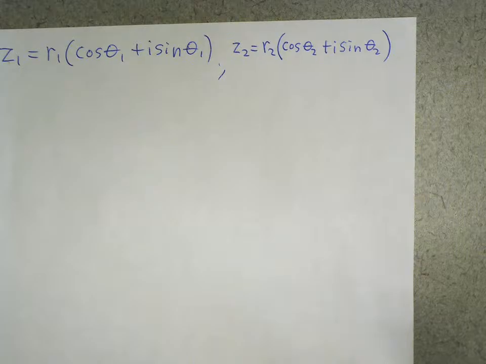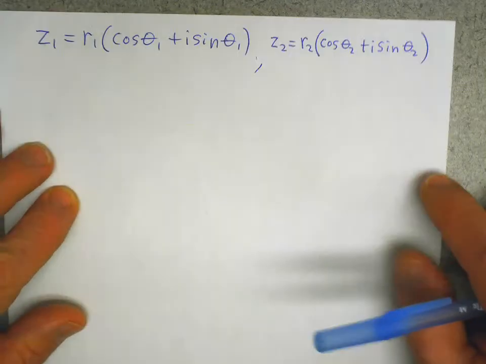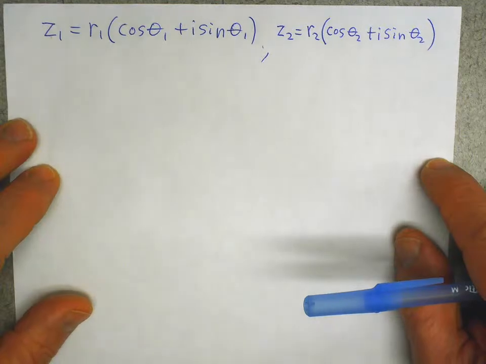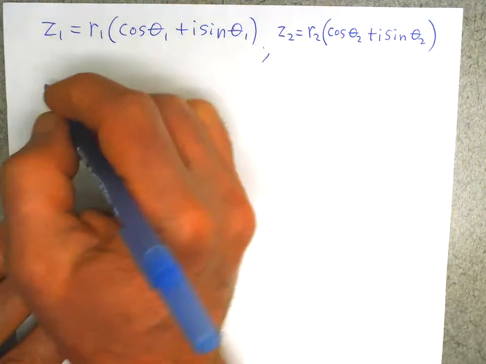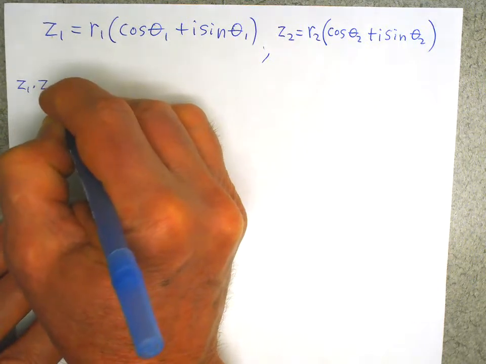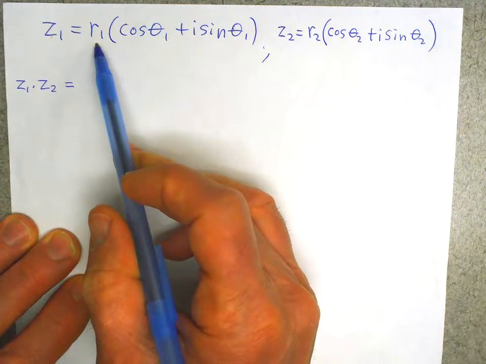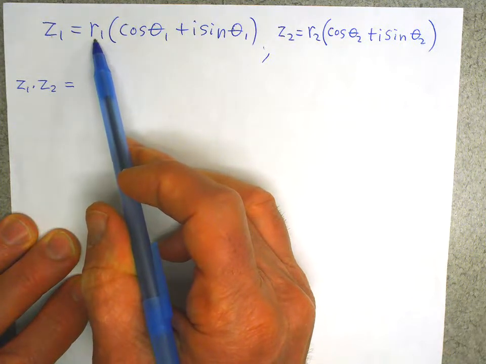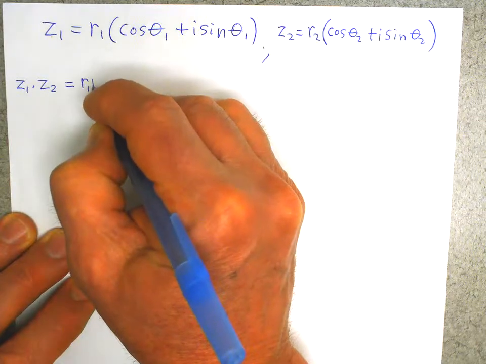So the first thing we'll do is show what happens when we multiply z1 times z2. Okay, so z1 times z2. Well, let's multiply r1 times r2 and bring that out front. So r1 times r2.